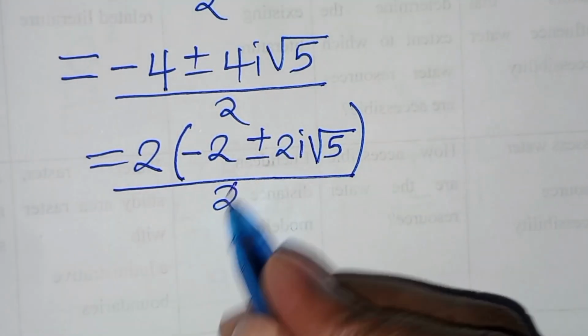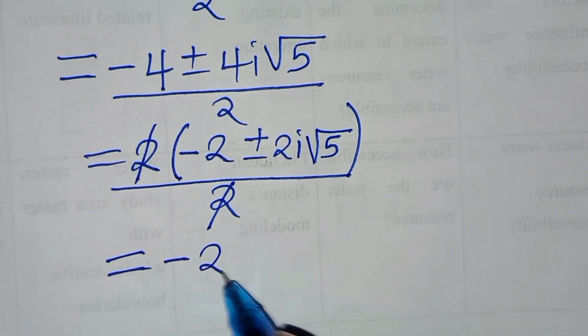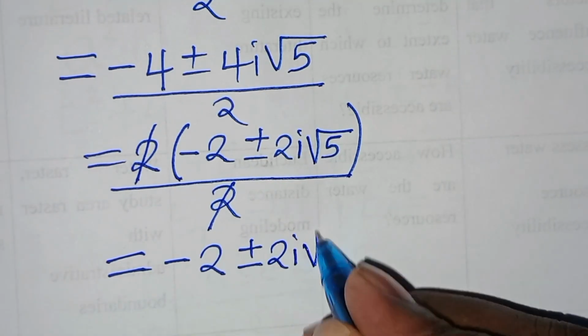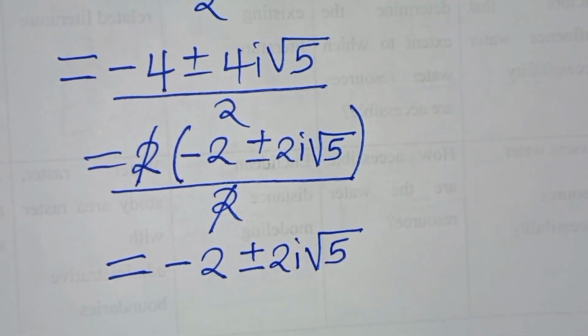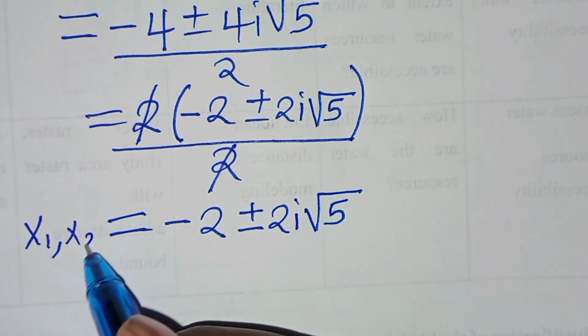So let's simplify here by 2 by 2, so that now we have negative 2 plus or minus 2i square root of 5. So this is what is x1 comma x2.